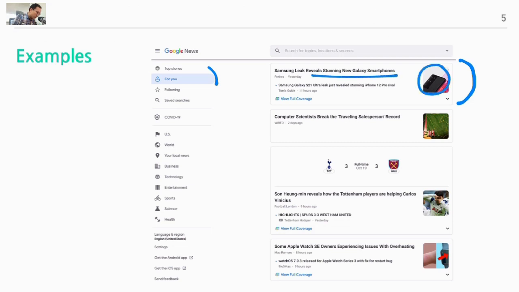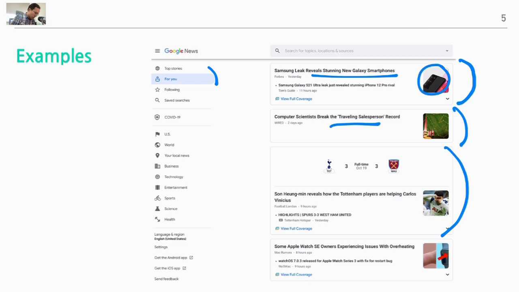When you click the full coverage, you can see all the news articles in the cluster. Let's see another cluster. It is about computer science. Nothing else, just one instance is in the cluster. Another cluster here is about the soccer game.